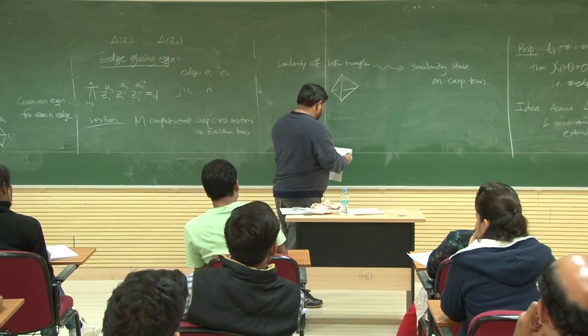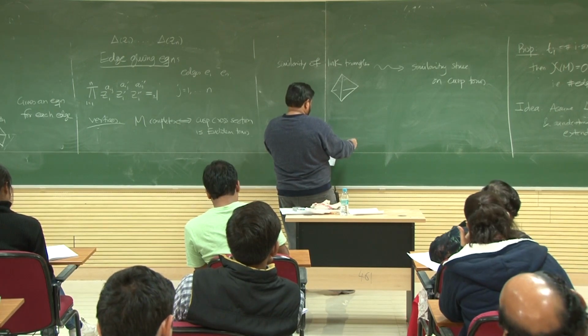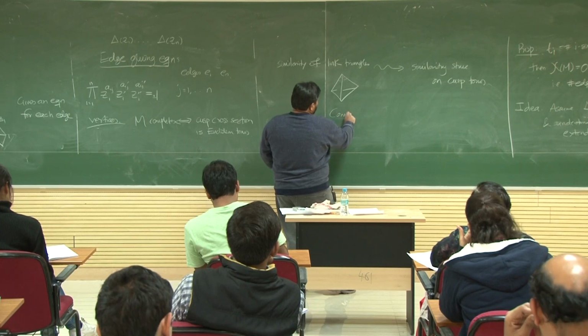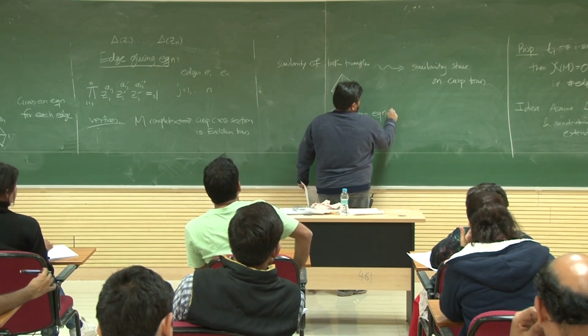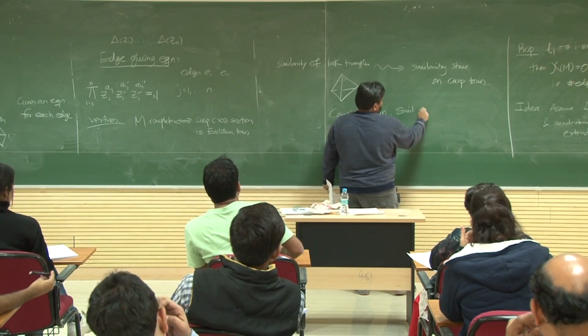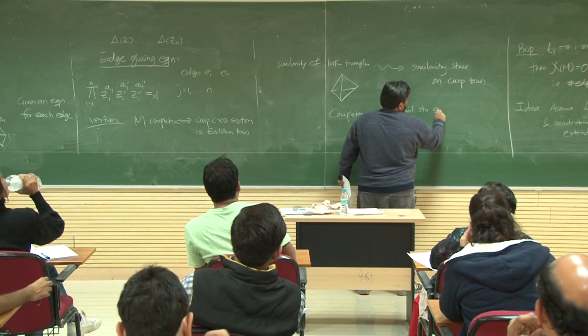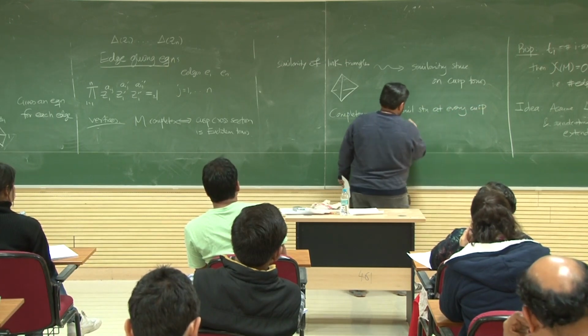So the completeness equation is that the similarity structure at every cusp is Euclidean.